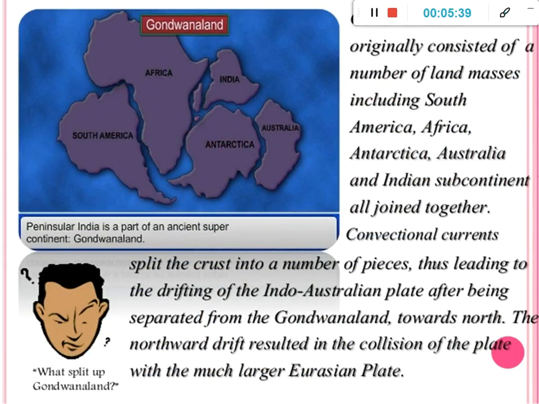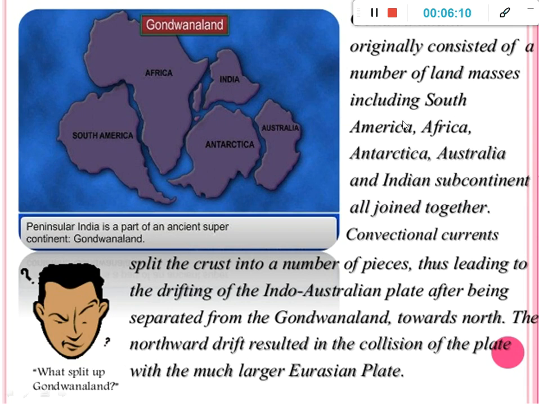Then we have Gondwana land. Students, we know that there is a theory of the plates. So I always told you there was one place or one continent, and then it divided into the seven continents. That place is known as Gondwana land, and by the tectonic forces it separated and formed different land masses.